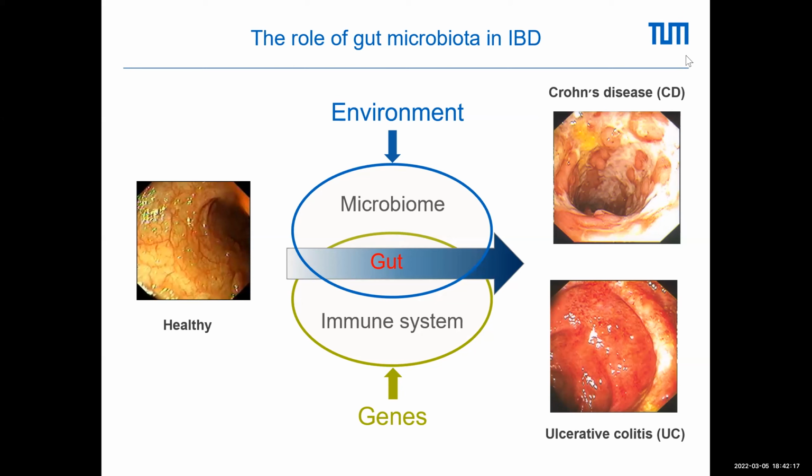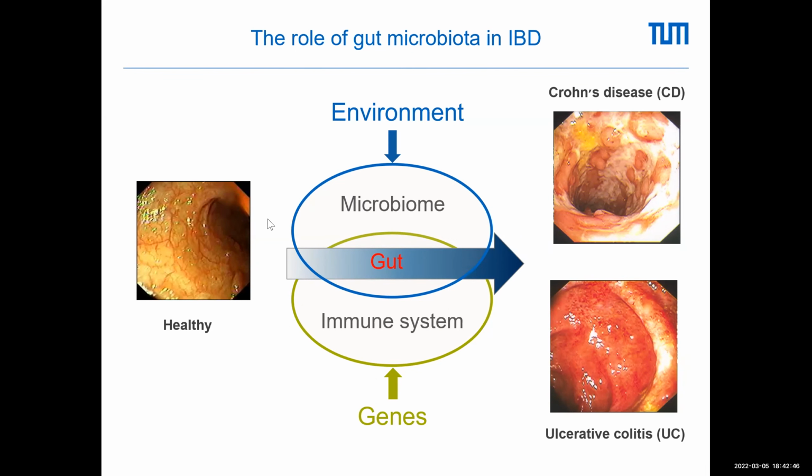I think maybe some of you know it already, but if not, just briefly, inflammatory bowel disease is a chronic relapsing condition that affects the gastrointestinal tract, and it can be classified in two entities. So it's either Crohn's disease or ulcerative colitis. And as you can see, it's pretty nasty.